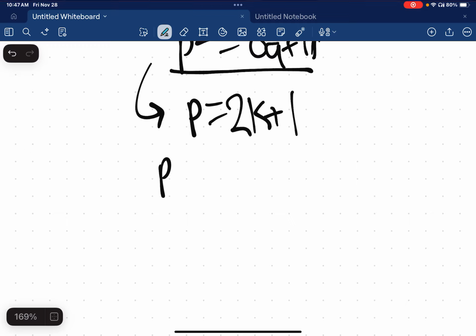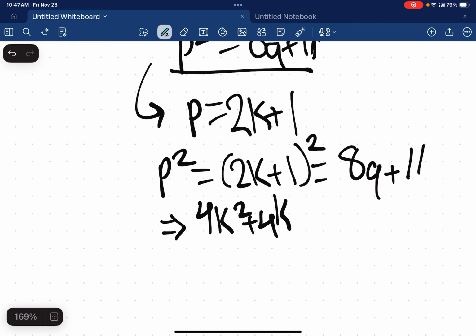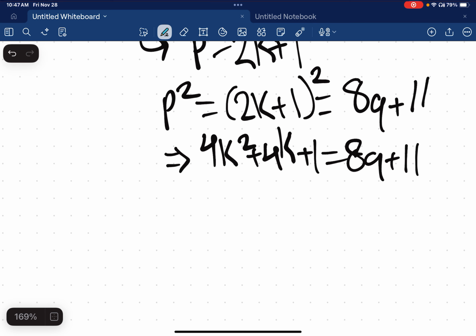That means that p squared is going to be equal to (2k plus 1) squared, which is equal to 8q plus 11. Factoring all that out, we get 4k squared plus 4k plus 1 is equal to 8q plus 11. From here, we're going to combine like terms, minus 1 from both sides, and then minus 8q on both sides.